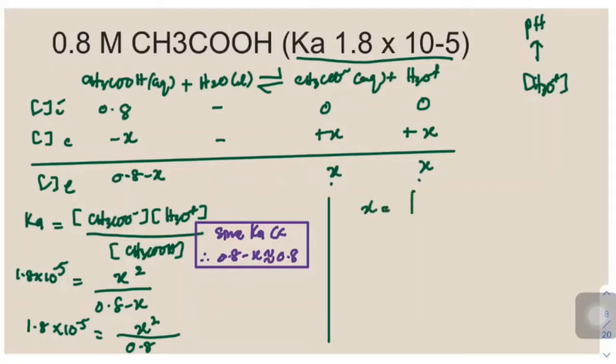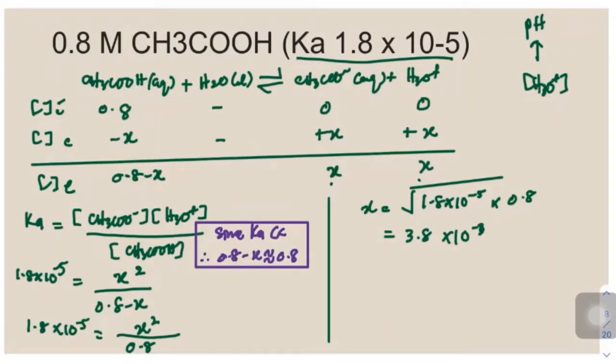X is equal to the square root of 1.8 times 10 negative 5 multiplied by 0.8, and lastly we get the answer equal to 3.8 times 10 negative 3.